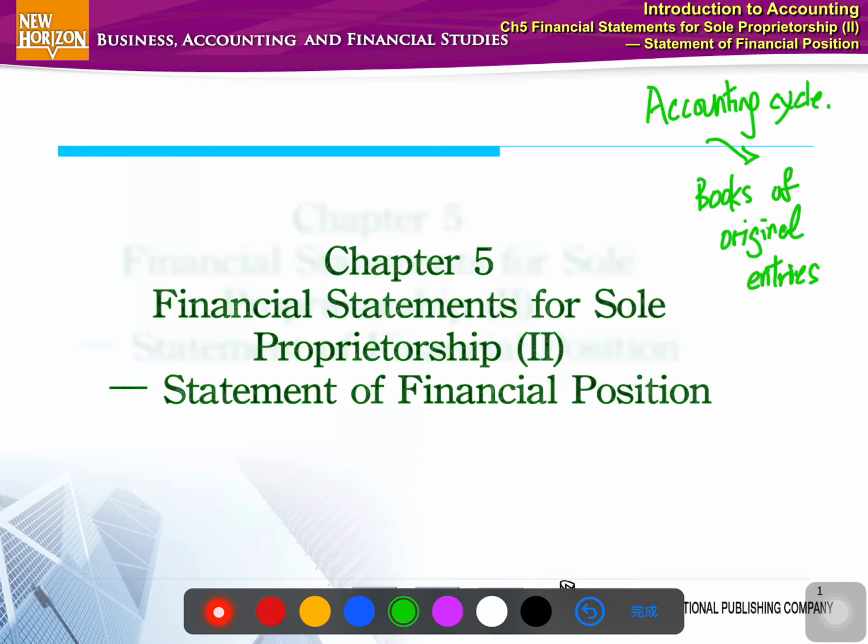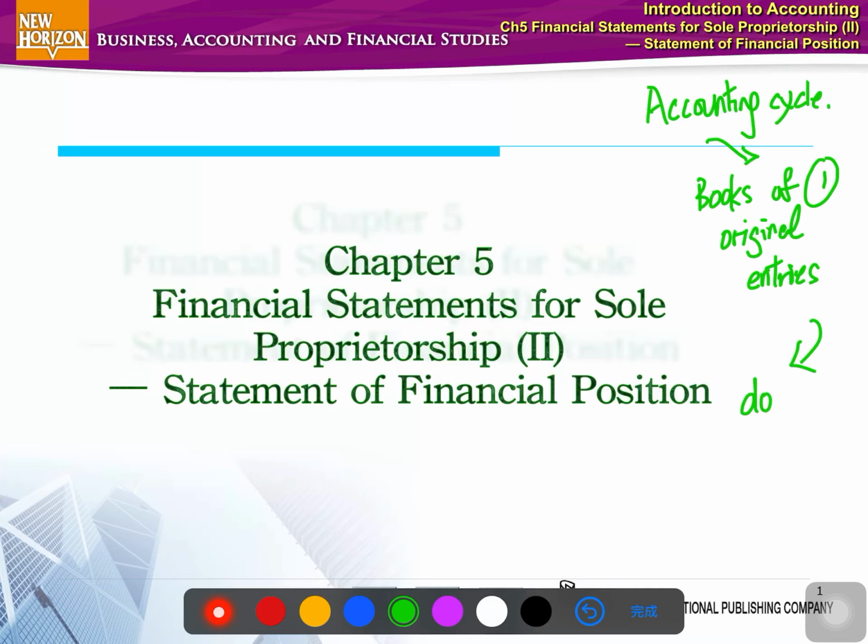Actually, we have learned 6 books, 6 journals: purchases journal, sales journal, return inward journal, return outward journal, cash book, and general journal. This is the books of original entries.